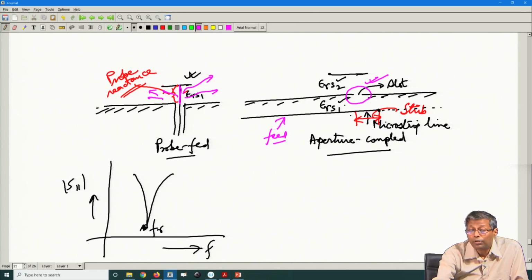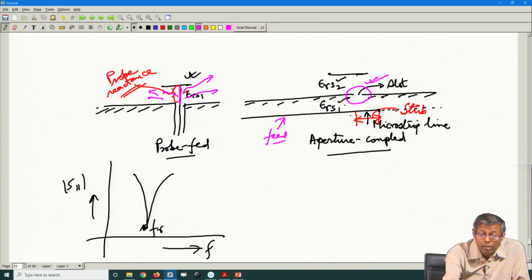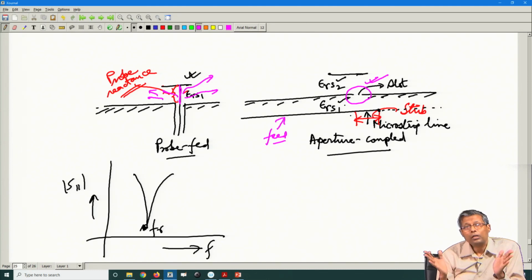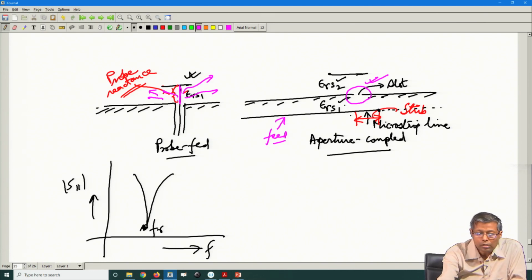So, the effect of the feed radiation does not come there, well the feed radiation is an important part here. So, besides the shifting of the resonance, the effect of the feed radiation and everything, you have to make a judicious choice versus the simplicity of the design, that you are using a single substrate here.